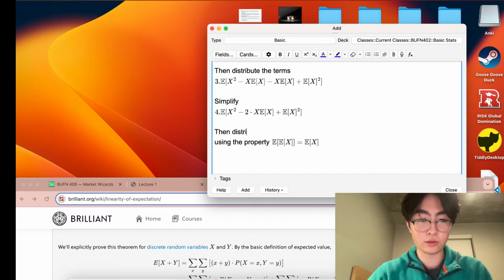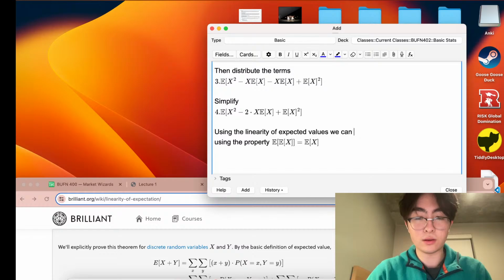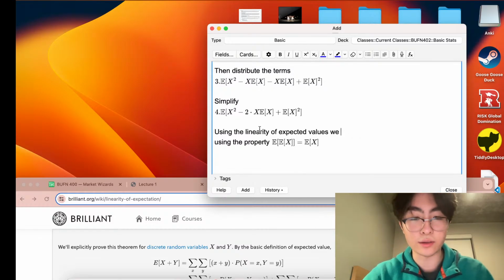Then it distributes the term, the x. Okay, so I think this is using the linearity of expected values.